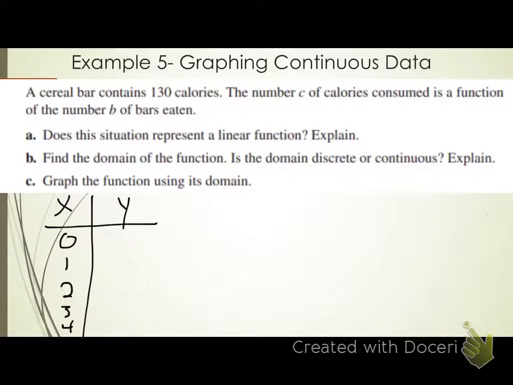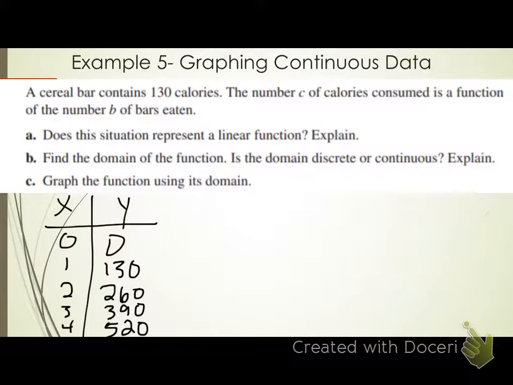If I eat 0 bars, I've eaten 0 calories. If I've eaten 1 bar, I've eaten 130 calories. 2 bars was 260. 3 bars was 390. And then 4 bars would be 520. So here's my table of values. It's giving me a bunch of ordered pairs that I can now graph.